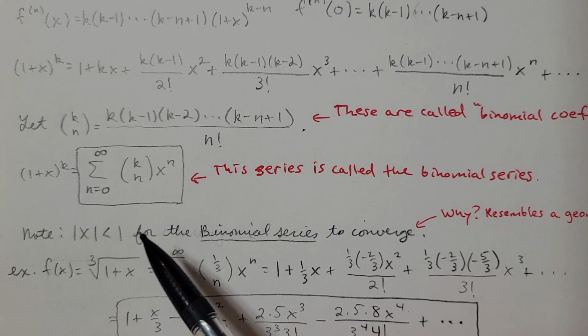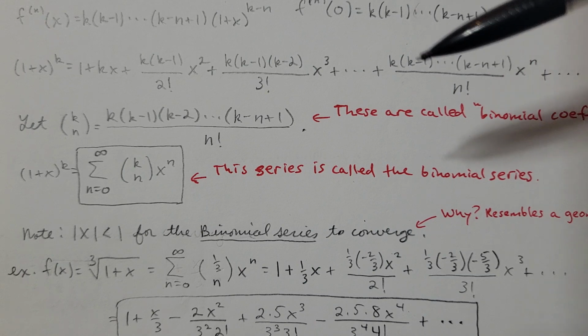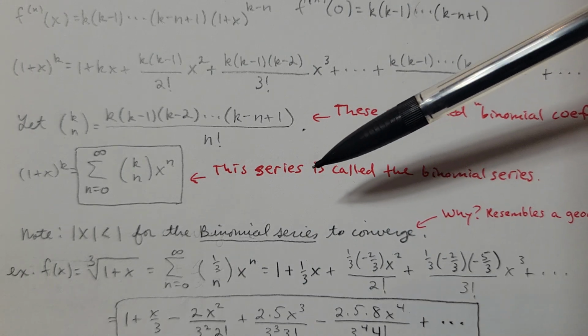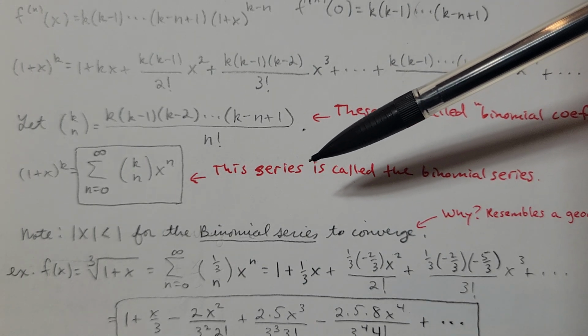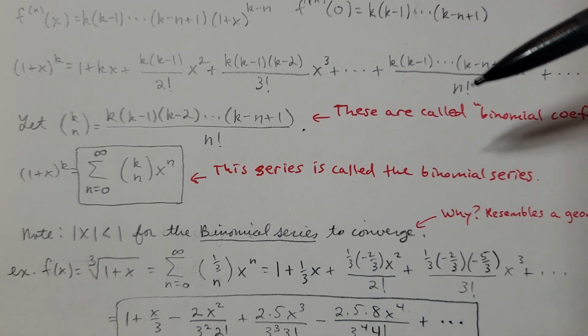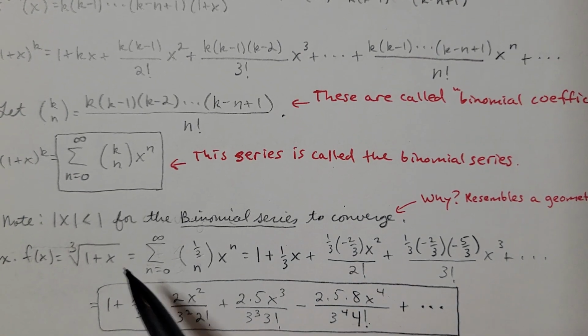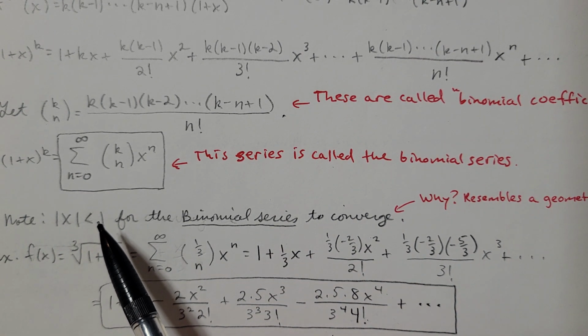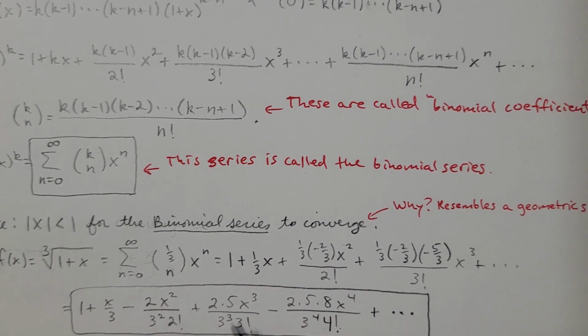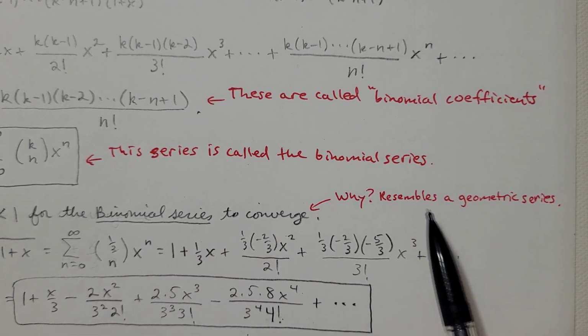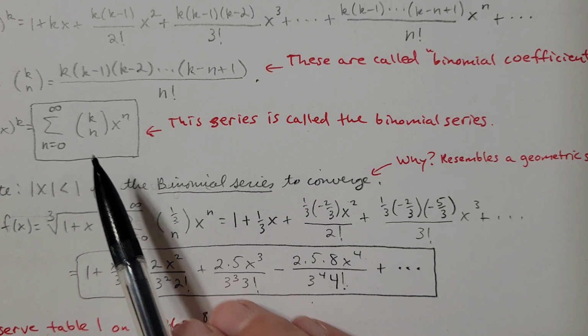I already know that a geometric series is going to converge as long as the absolute value of x is less than 1, and it's going to diverge if the absolute value of x is greater than or equal to 1. So it resembles a geometric series there.